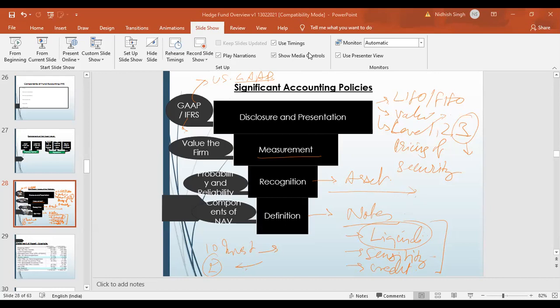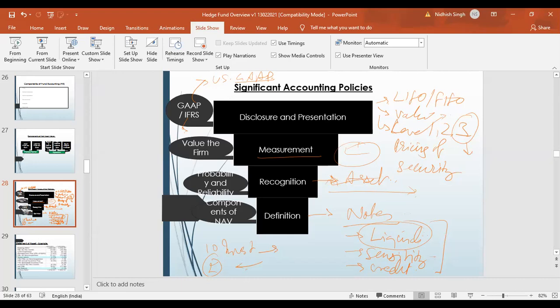So this is where measurement and recognition come into the picture. Measurement means measuring the value of the security, asset and liability. And recognition means putting them into the NAV sheet or in the balance sheet or P&L. So measurement, recognition, disclosure, everything is governed by the respective accounting standard, whether we choose GAAP or IFRS.